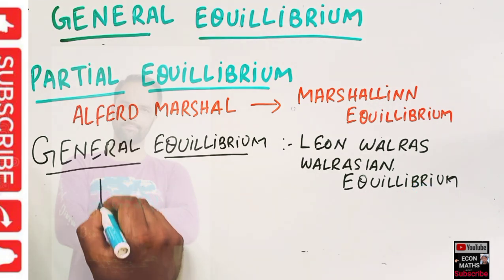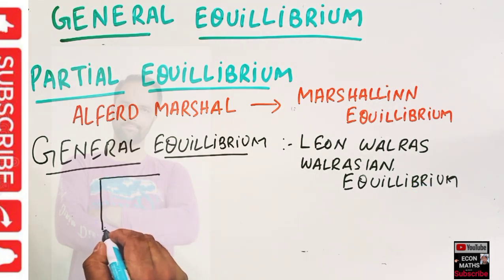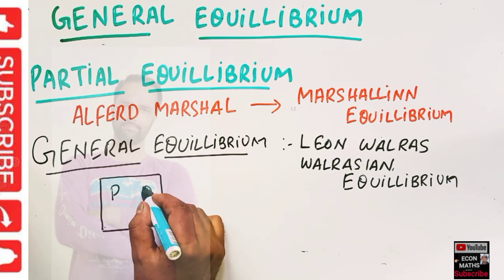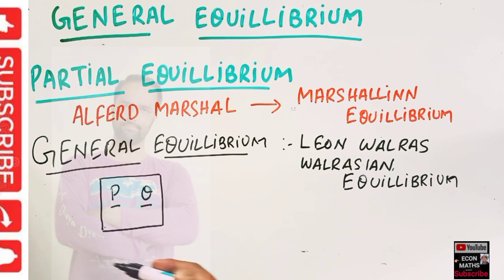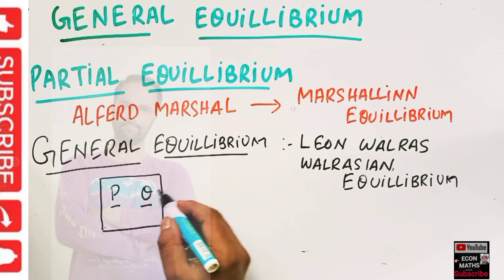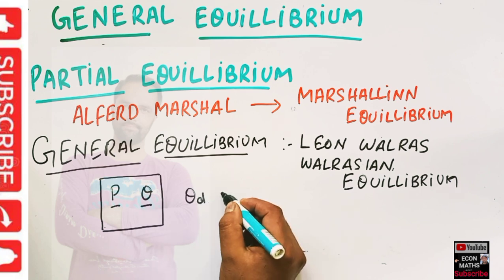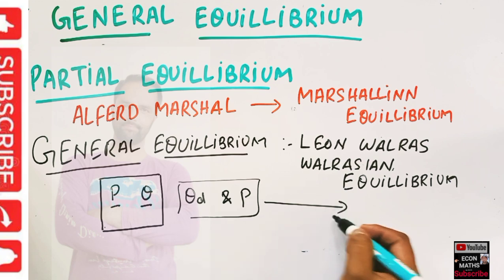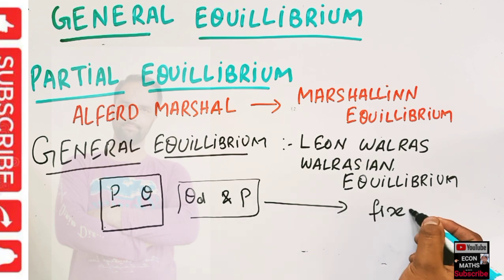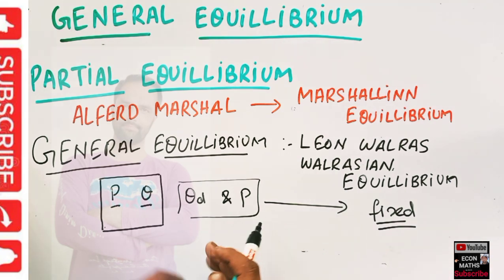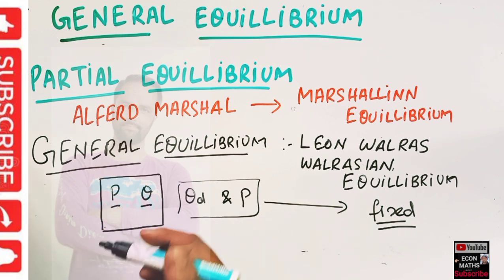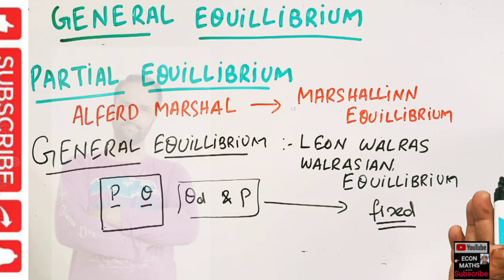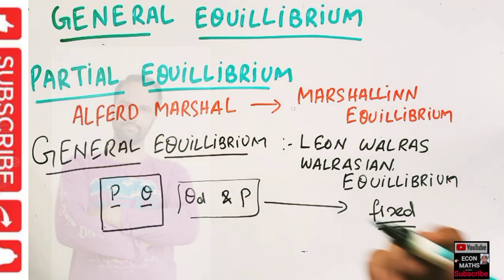If we have, let us say, a single product or a single market, here we would have some price and we have some quantity, and here we trace the relationship between quantity demanded and price, and we keep all other factors fixed, what we call ceteris paribus. When we trace this relationship for a good or a single market, keeping all other factors constant, we are talking about the partial equilibrium.